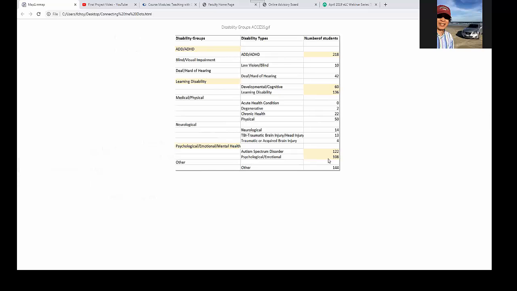Okay, so if we could categorize them broadly into, say, audio disability, visual disability, physical disability, and cognitive disability, this last category is getting bigger and bigger.